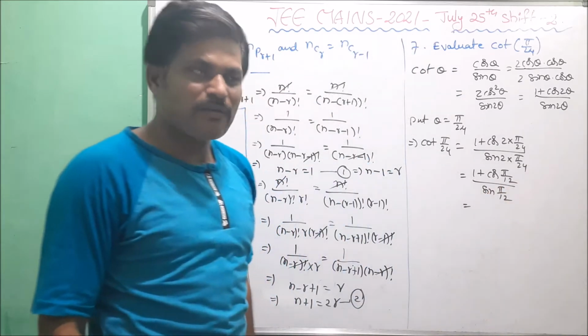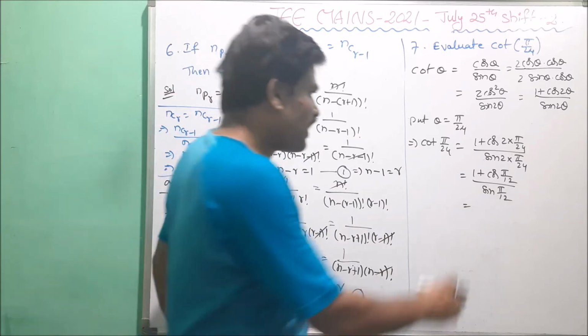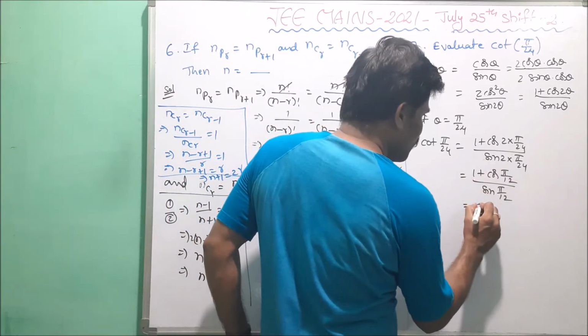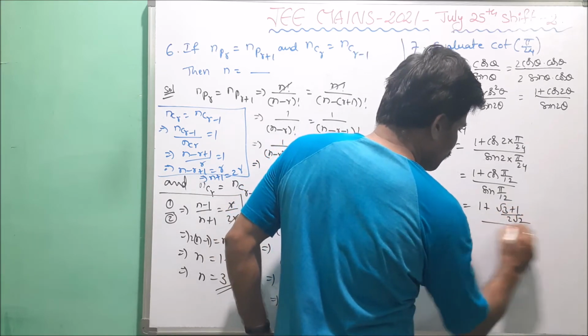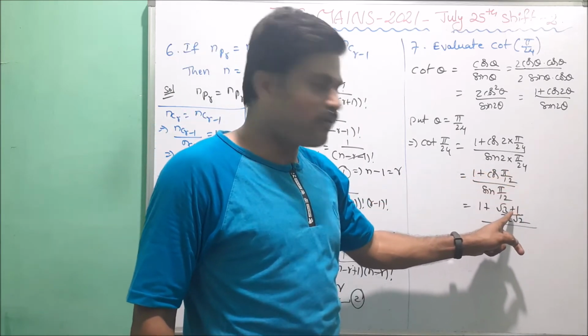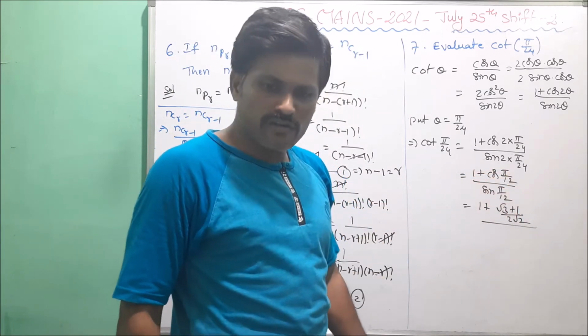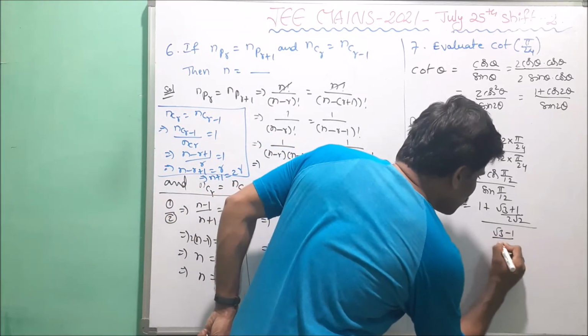Now the value is 1 plus cos pi by 12, whose value is root 3 plus 1 by 2 root 2, and sin pi by 12 value is root 3 minus 1 by 2 root 2.